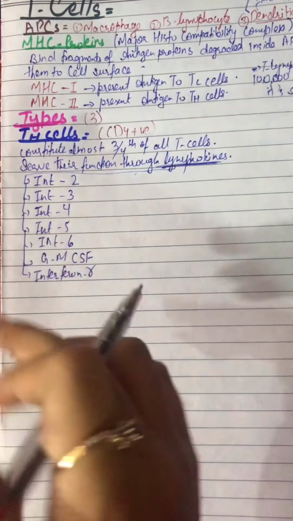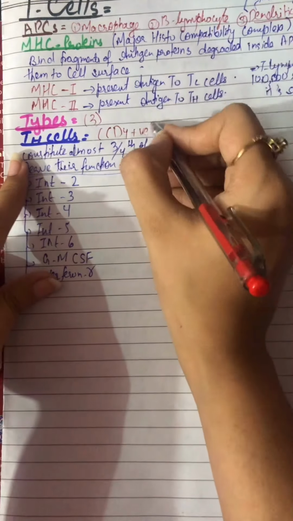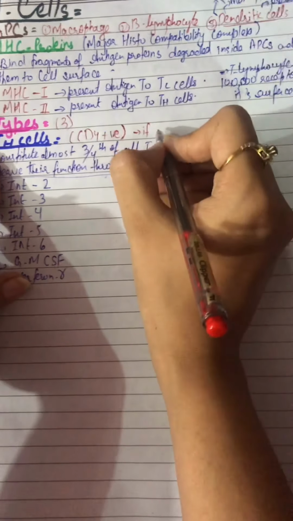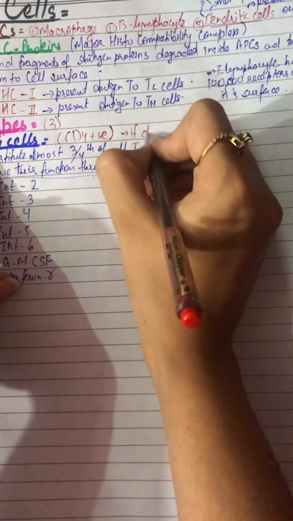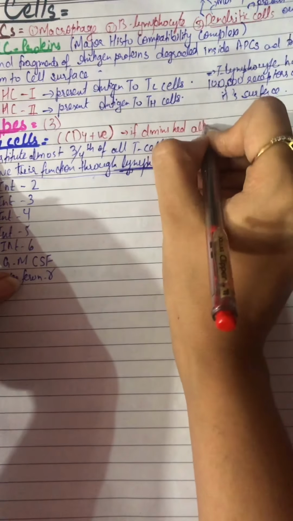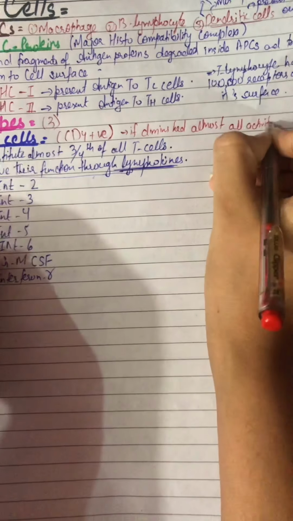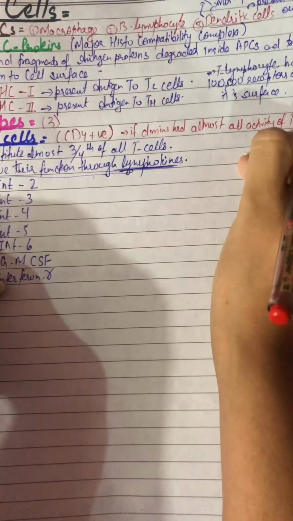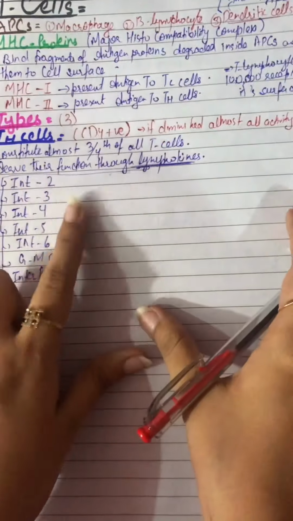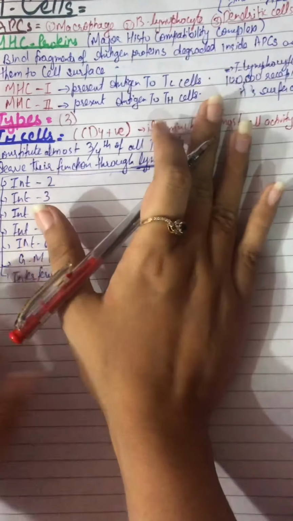And yes, remember that if the T helper cells are paralyzed, then almost all the immunity is paralyzed. If diminished, almost all activity of T cells is lost, and the reason behind it we will see here while discussing the function of these interleukins or the lymphokines.